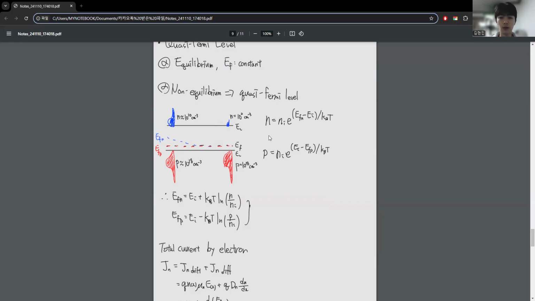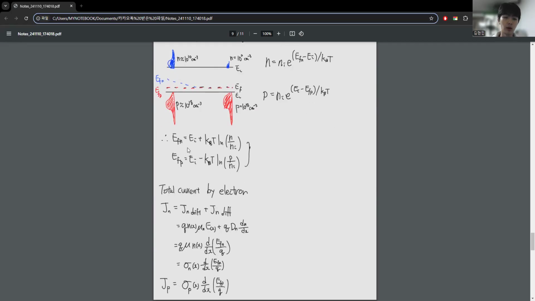So n equals ni exponential of (EFn minus Ei) over kBT, and p equals ni exponential of (Ei minus EFp) over kBT.